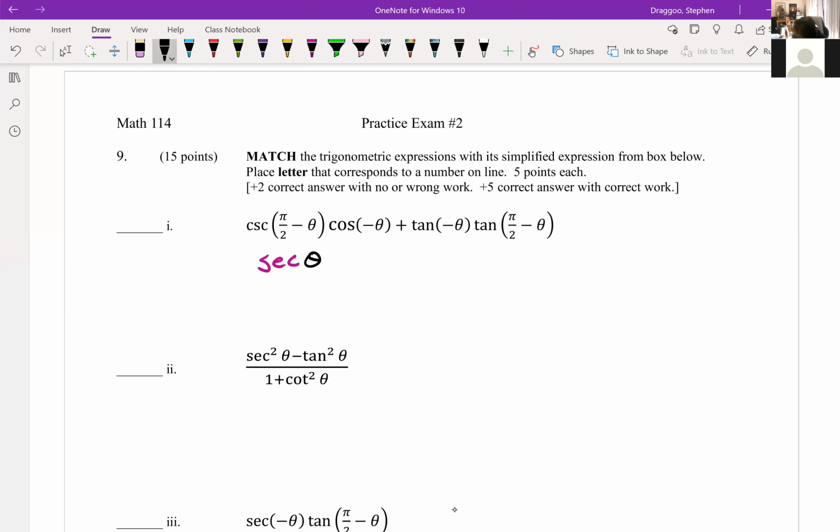So secant theta times cosine of negative theta is just going to be cosine theta plus tangent of negative theta. I can pull that negative out because tangent is odd. So minus tangent of positive theta. And then another cofunction identity on tangent this time. That'll be cotangent theta.